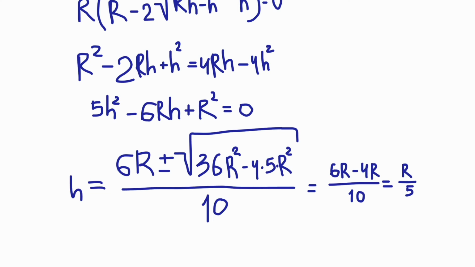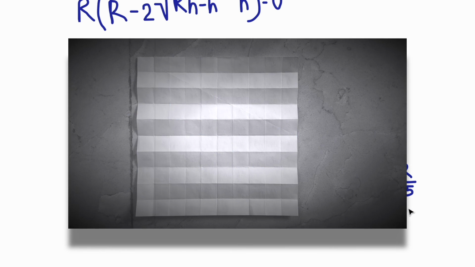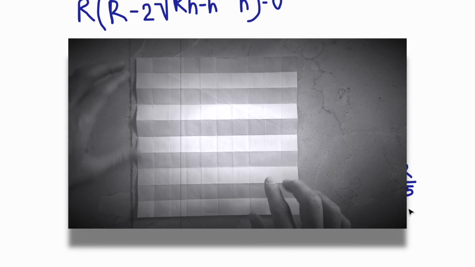I believe there should have been a domain of permissible values somewhere that would have immediately dismissed this option, but now we have actually proven that h equals r divided by 5, that is the side of the square divided by 5. That's it. I think it's genius, simple, beautiful, and very useful.